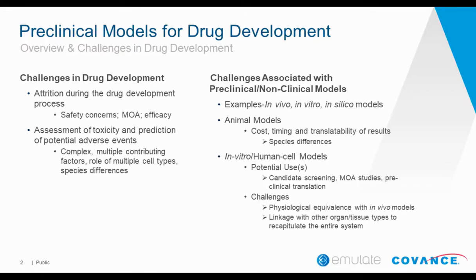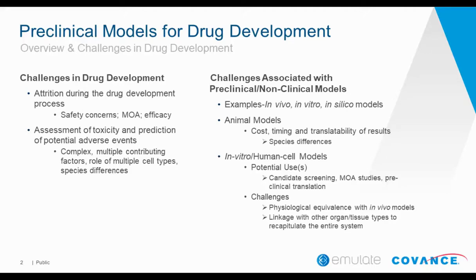One attempt to try to bridge that gap is to look at other preclinical or non-clinical models and cell-based models. These include in vitro models and also in silico models that take computer assessment of potential interactions that would occur within humans to try to understand and have better predictability. Animal models, which are really the staple in drug development, have a number of challenges and features that are relevant in the process.